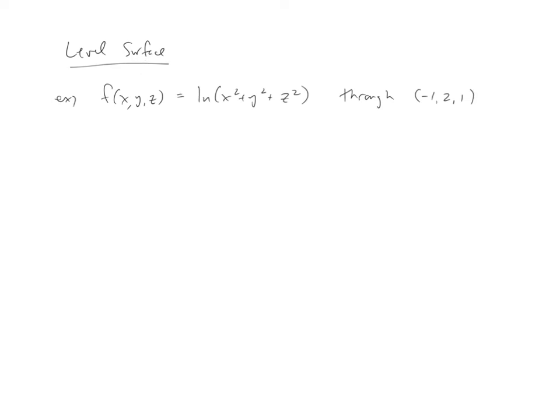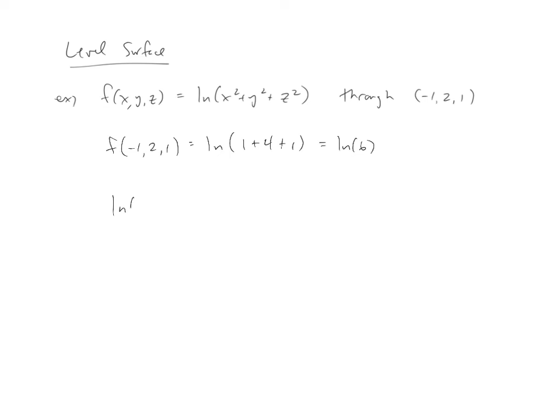Okay, so this problem is no different than what we've done before. Again, we're just up in a higher dimension now, creating a level surface. All I need to do is take the x, the y, and the z, plug them in here, and I'll find that f of negative 1, 2, 1 is the natural log of 1 plus 4 plus 1, which equals the natural log of 6.